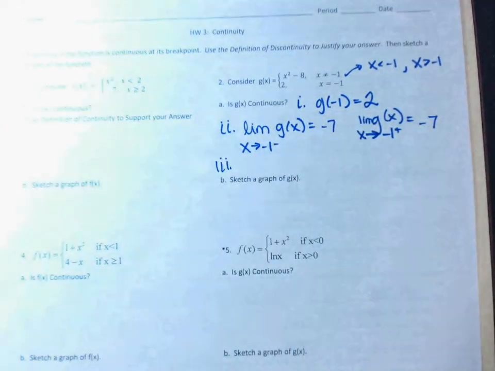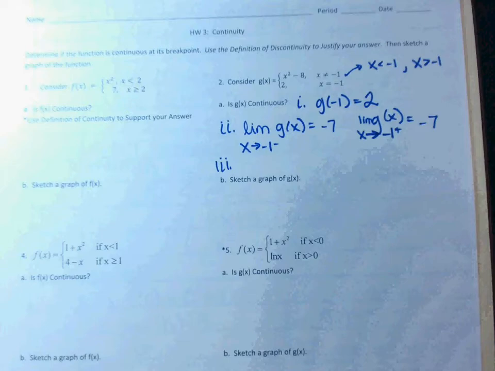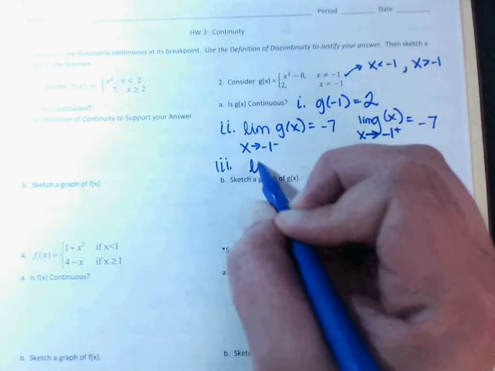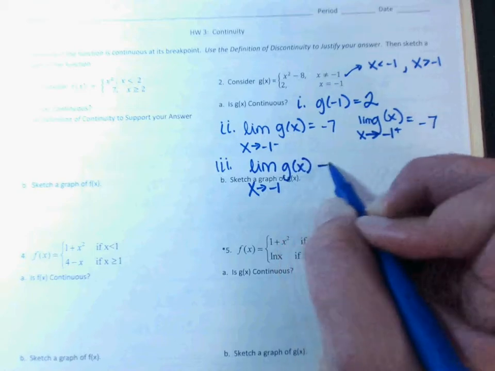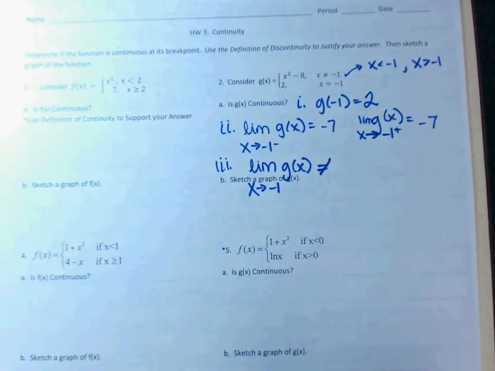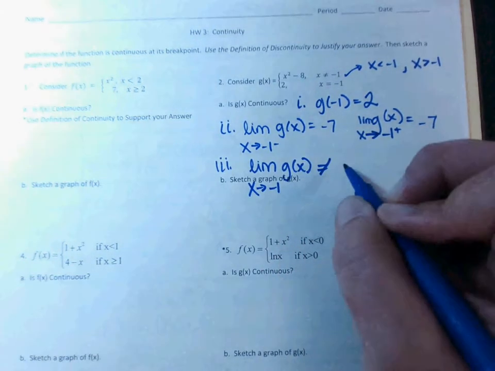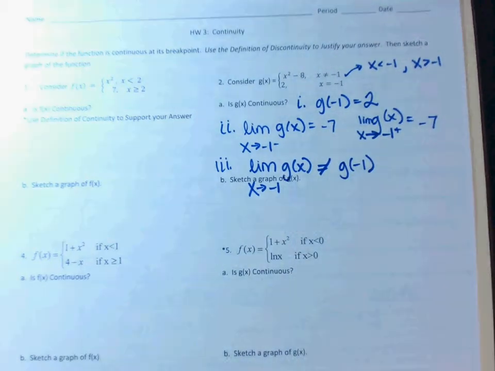Those 2 needed to be equal to each other, were they? No. So limit as x approaches negative 1 without a plus or minus is not equal to g of negative 1. So the limit that I was approaching is not the same as the y value that I have at that specific point.